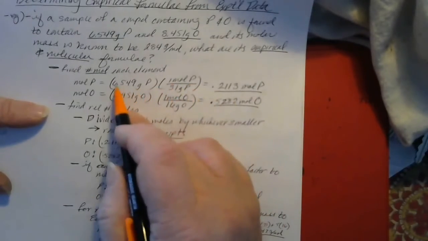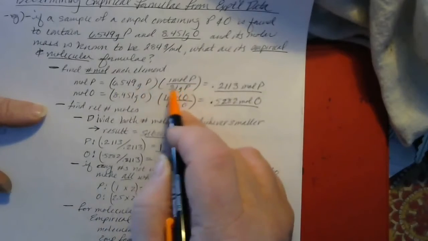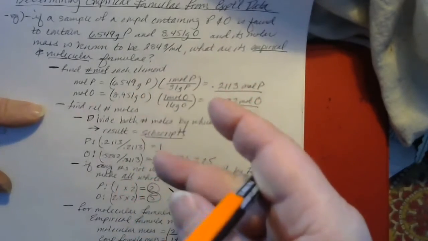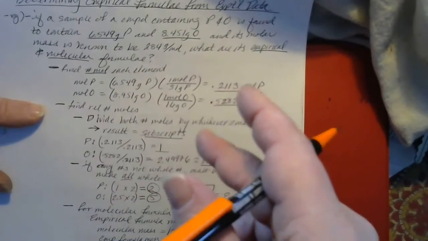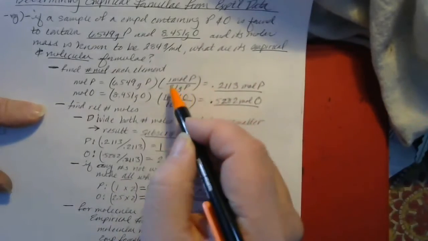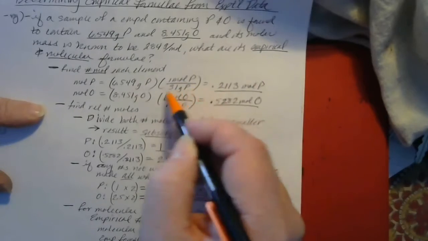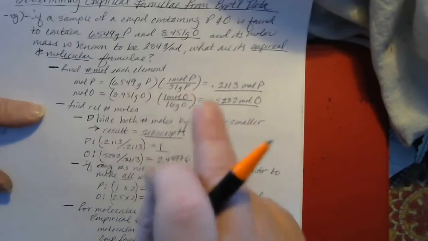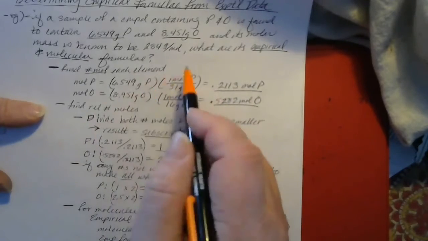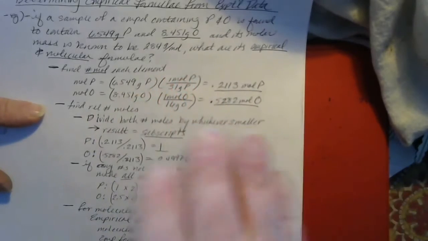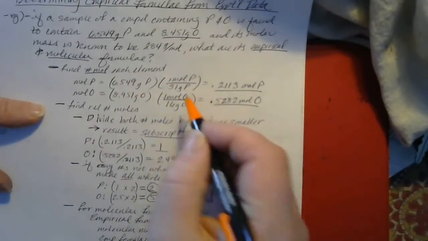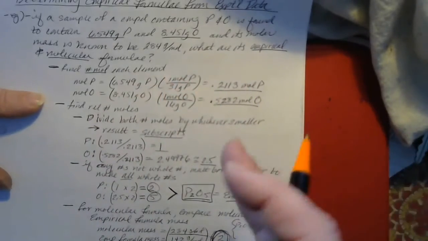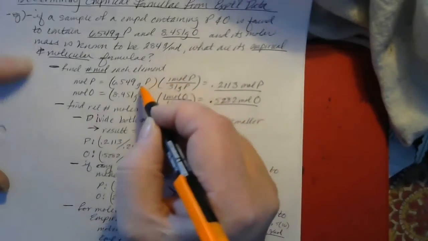You can take the 6.549 grams and just divide by 31 grams per mole, or you can multiply by the reciprocal of the atomic mass, which would be the fact that there's 1 mole for every 31 grams of phosphorus. It accomplishes the same thing mathematically, but when you multiply by the reciprocal, in other words, you multiply by 1 over the atomic mass, it makes it much easier to track what's happening with the units, and that makes it easier to make sure that you're doing things the right way.